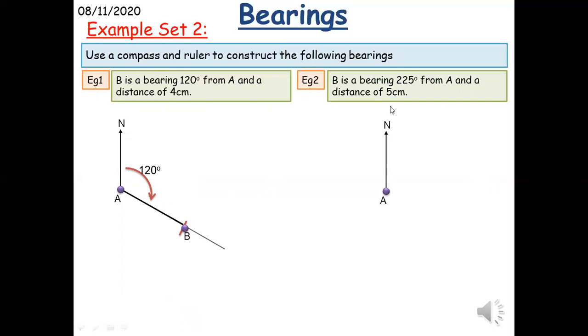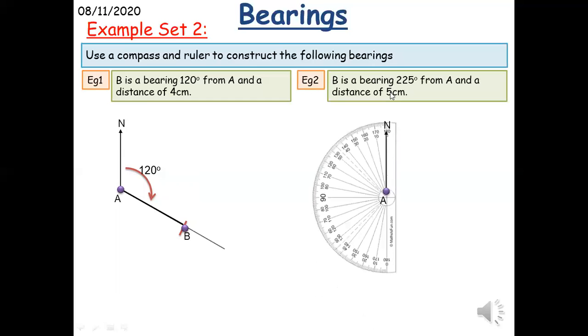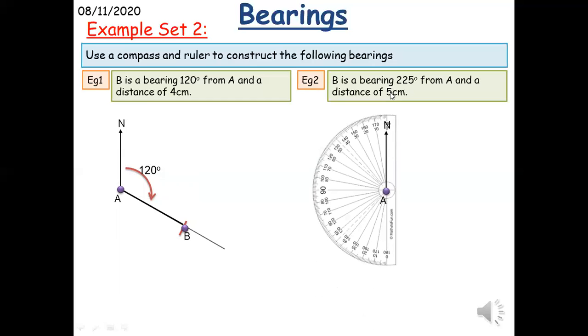Since I'm used to the bearing being clockwise, and 225 is bigger than 180, I'm going to use 360 minus 225 first, which is going to be 135.